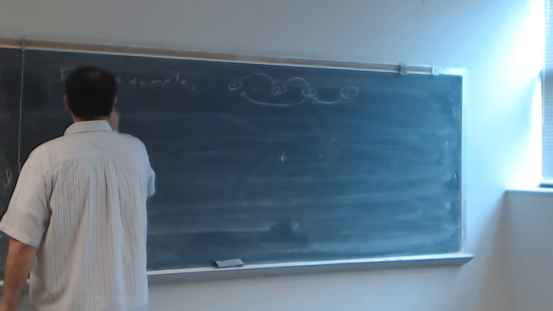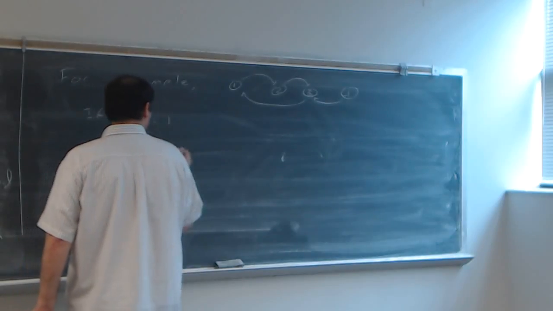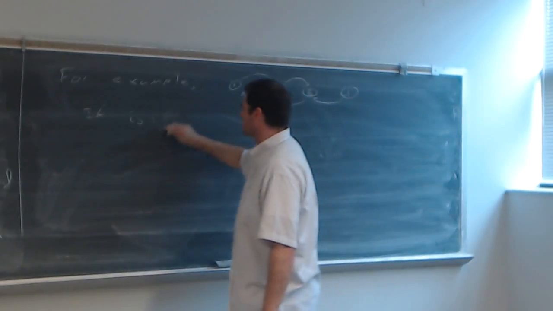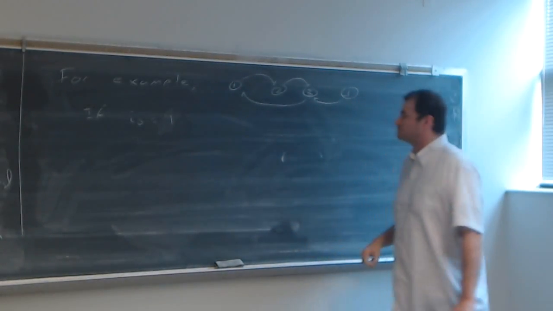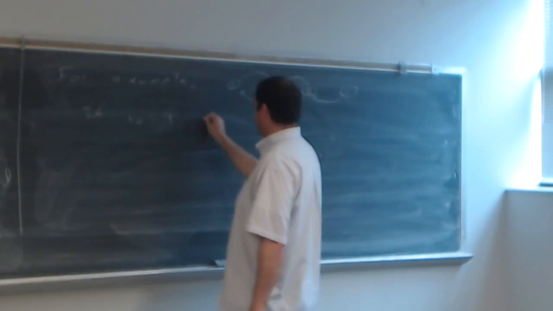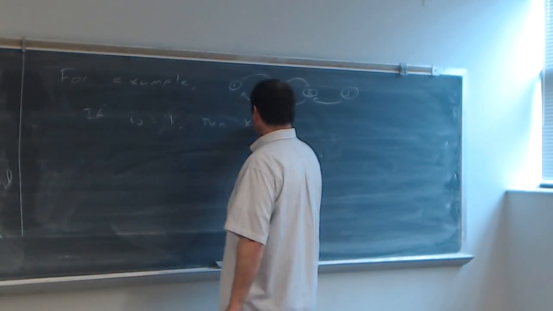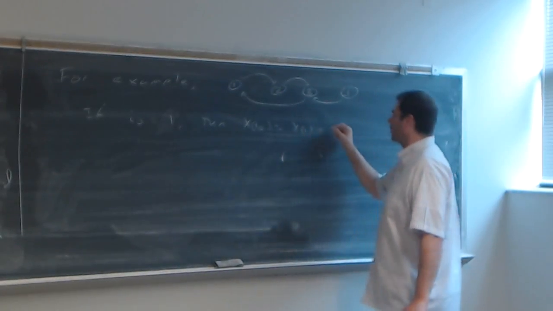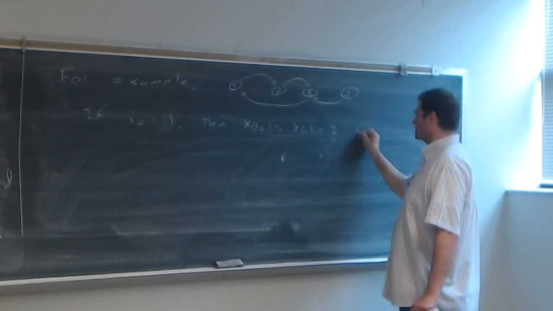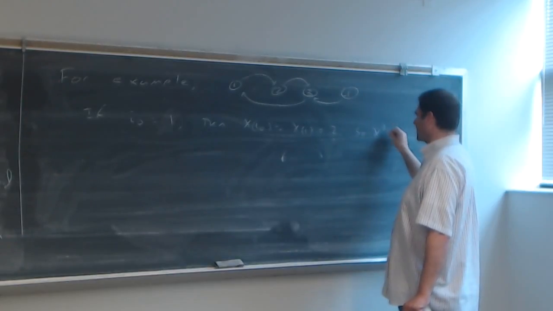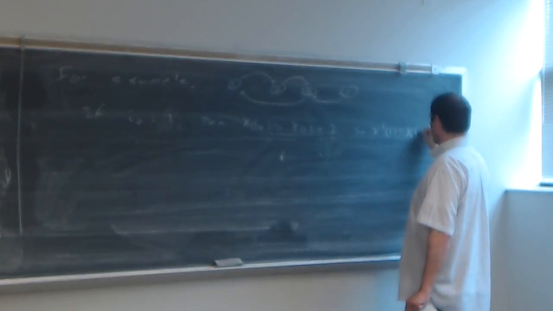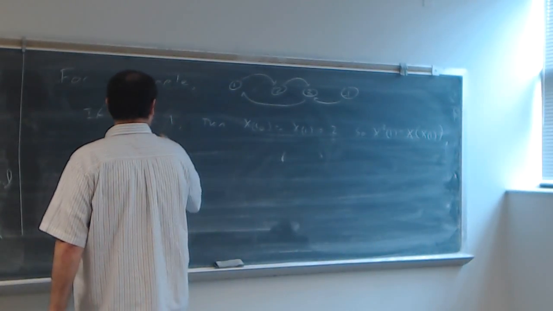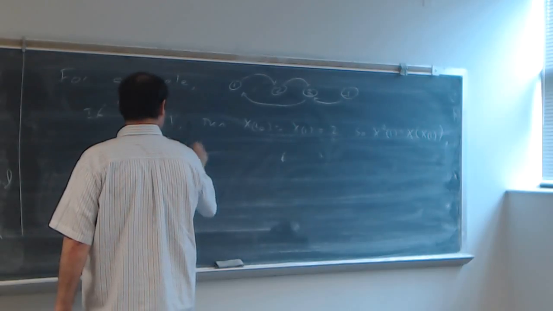So if we consider I sub 0 equal to 1, the node 1, then x of I0 is equal to x of 1, and x of 1 is equal to 2. So x raised to the 2nd power of 1 is really x applied to x of 1, which is equal to x applied to 2, and where does x send that? It sends it to 3.